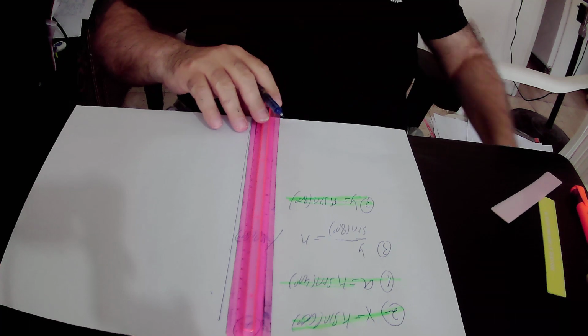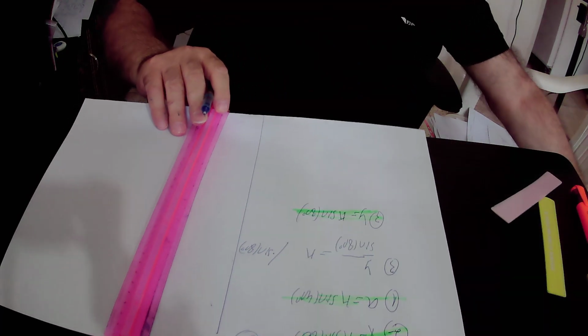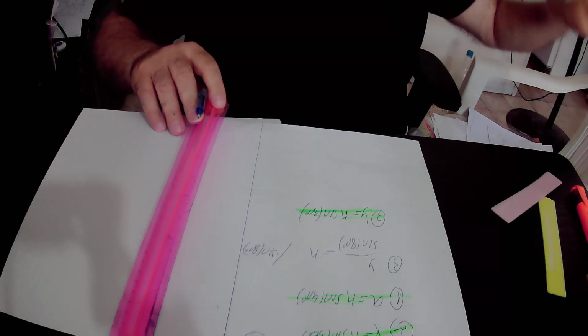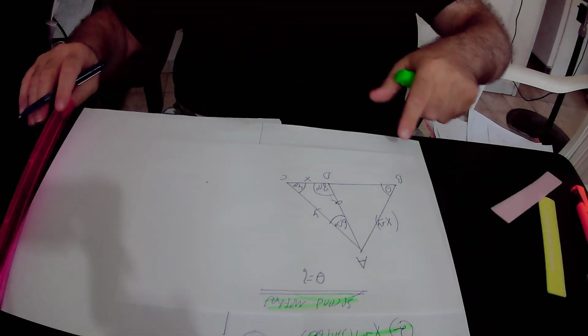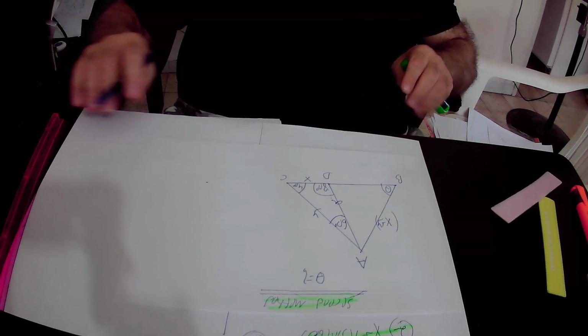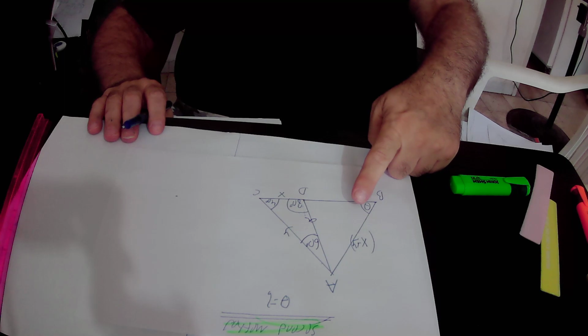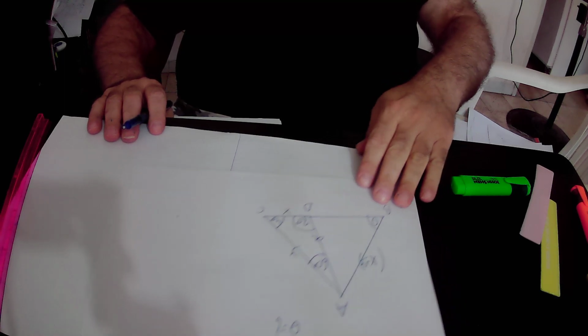So in the next step, we will focus on triangle ABD, and we will implement the law of sines in this triangle ABD.